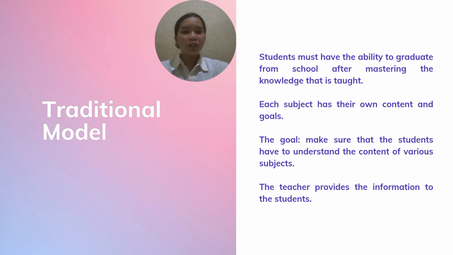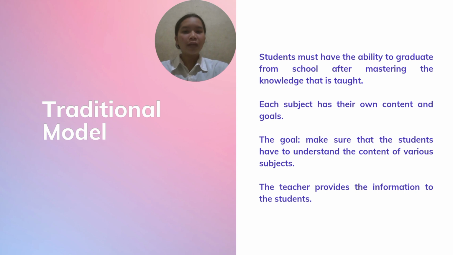In this model, each subject has their own content and goals that need to be achieved in the end of the learning process. The goal of traditional curriculum model is to make sure that the students have to understand the content of various subjects so they successfully finish the expected level of learning and graduate.